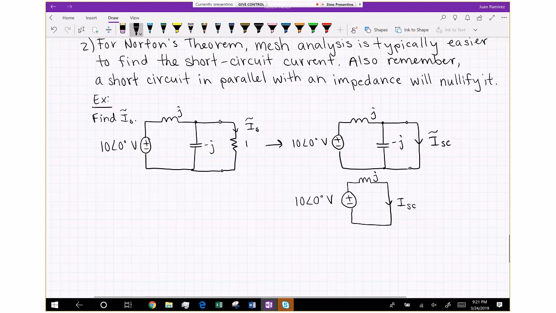V is equal to IZ for AC circuits. And if Z is equal to 0, then V has to be equal to 0. Right? Z goes to 0, so does V. But they're in parallel, so they have to share the same voltage.